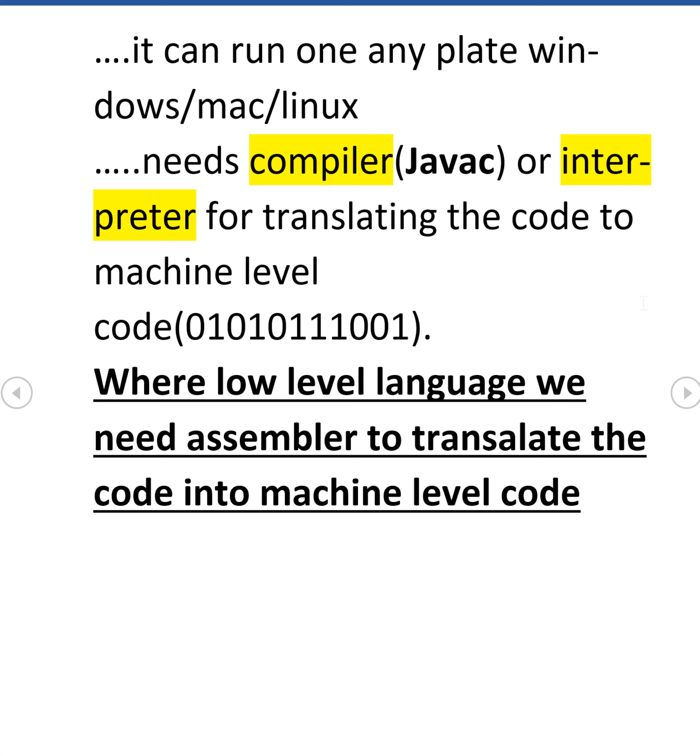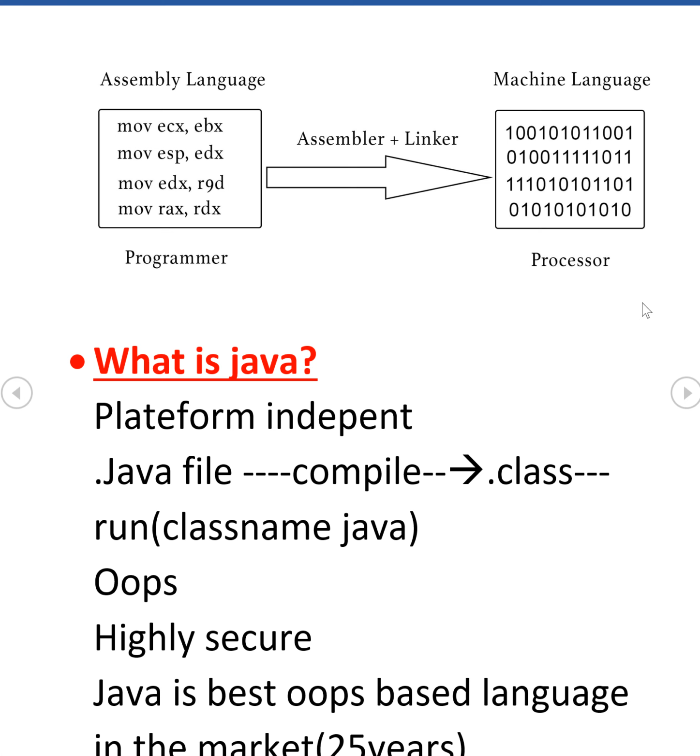This is the major difference between low level language and high level language. What is assembly language? In assembly language we use code like mov, ctx, red, and we have an assembler or linker that converts that code into machine code. This is what happens in low level languages.